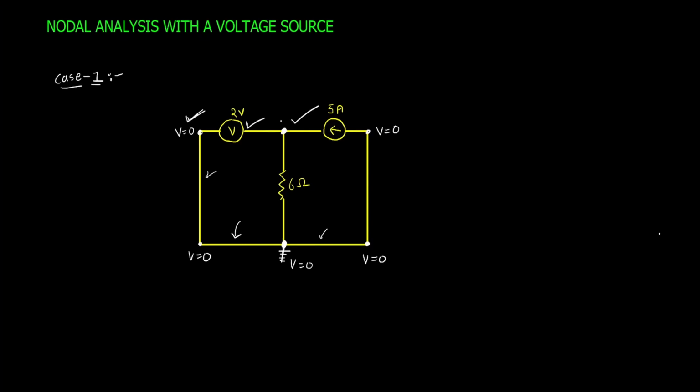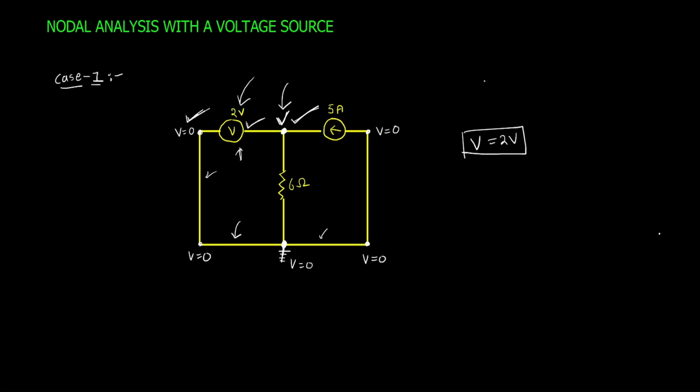Let us consider the voltage of this node as V. Since this voltage source is connected between the reference node and the non-reference node, the voltage of this non-reference node will be equal to the voltage of the voltage source. That is, we can write V equals 2 volts. So this is the first case of nodal analysis with a voltage source.